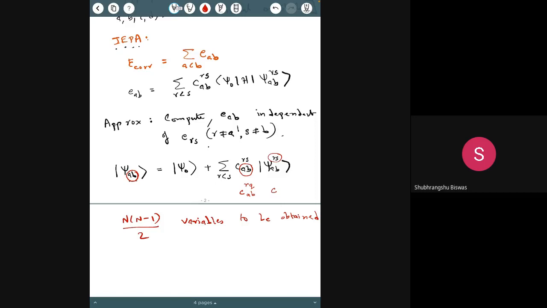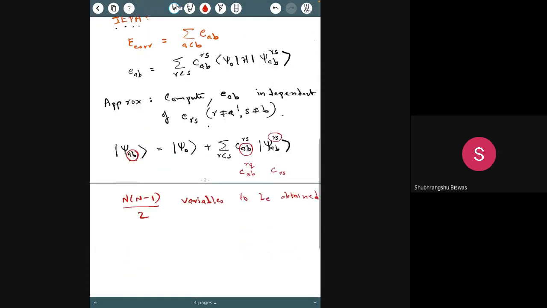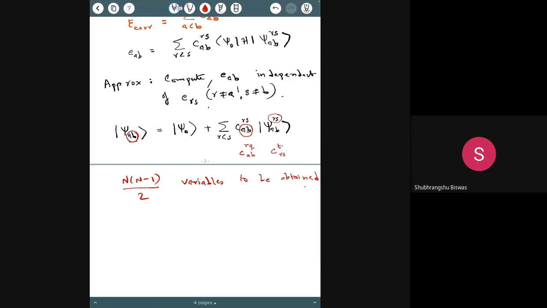But what I don't have is C_RS to TU. Such a variable is not there.